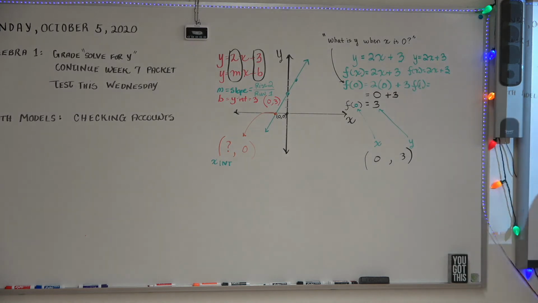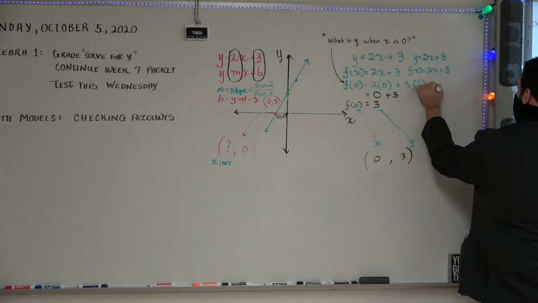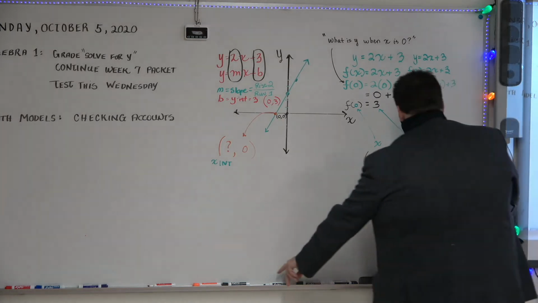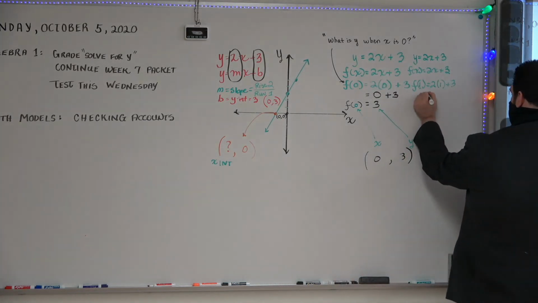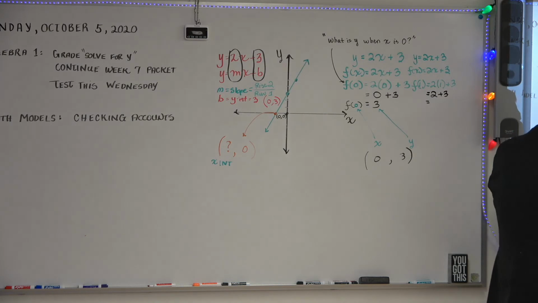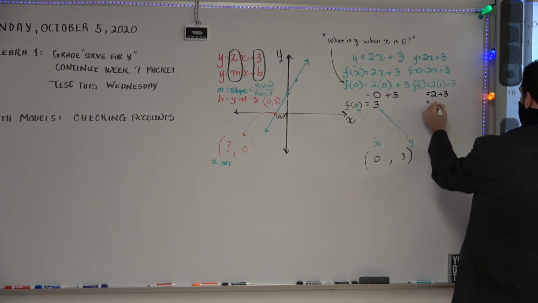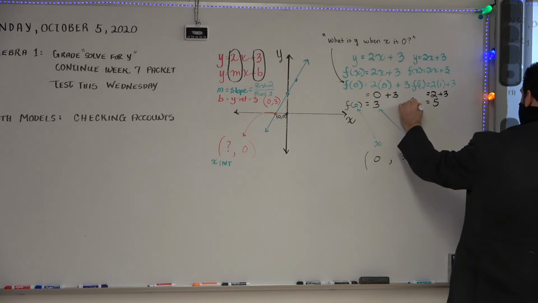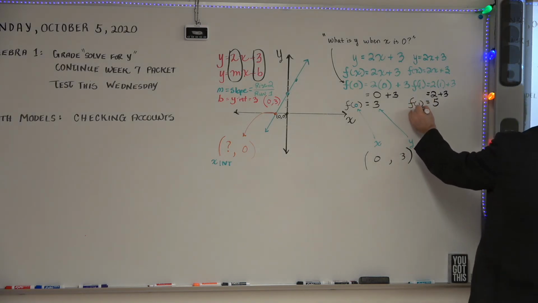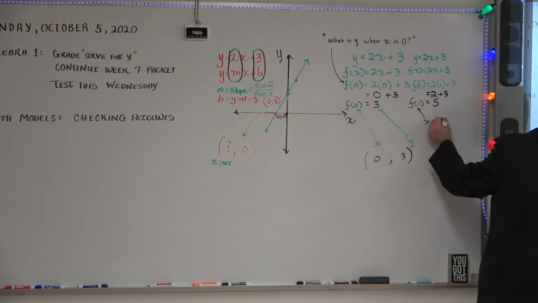In other words, when x is 1, what is y? So that's 2 times 1 plus 3. Jose, what is 2 times 1? 2. And Kylie, what is 2 plus 3? 5. So here it is. F of 1 equals 5. Remember, this number in the parentheses, that's the x. This number over here on the right, that's the y.